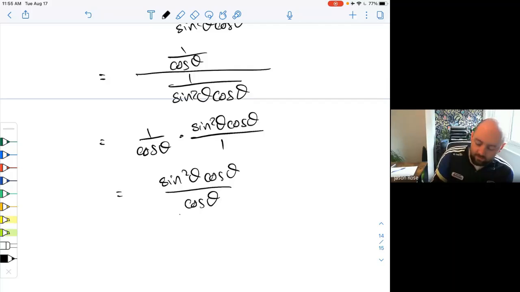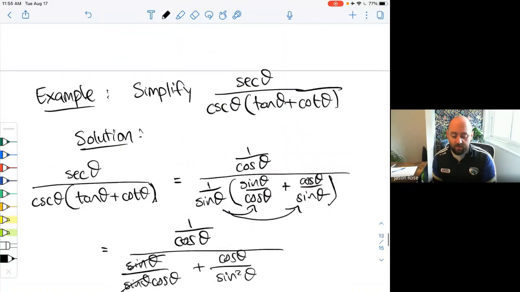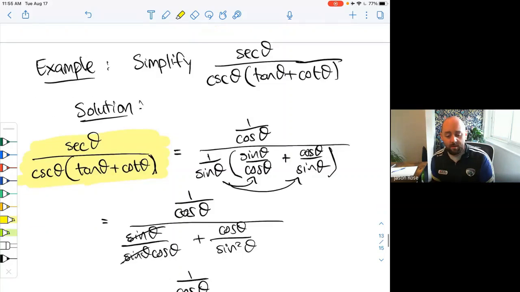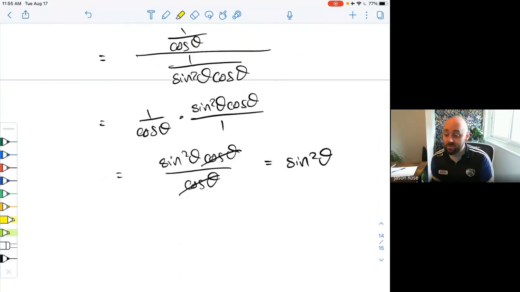And finally, now I think everybody sees you're going to cancel the cosines, and we've simplified this all the way down to just sine squared theta. So we started off with this big nasty function secant theta divided by cosecant multiplied by tan plus cotan. After a whole bunch of work, it all turned down into just simply sine squared theta.